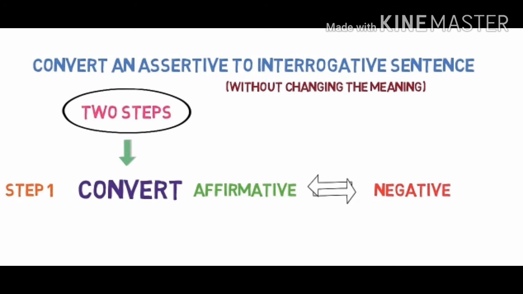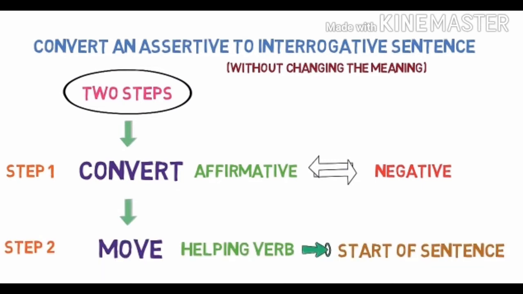The first step is to convert. If the sentence is affirmative or positive, then you have to convert it into negative. And if the sentence is given in negative, then you have to convert it into affirmative or positive. This is the first step. You have to convert the sentence positive to negative, and if negative, then into positive.